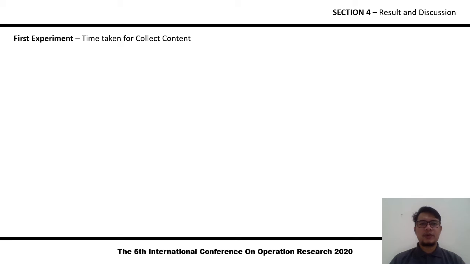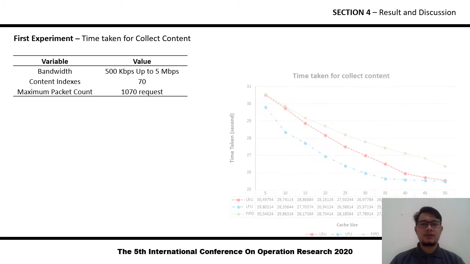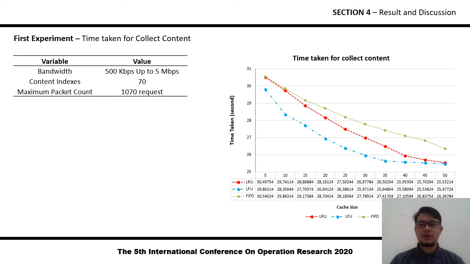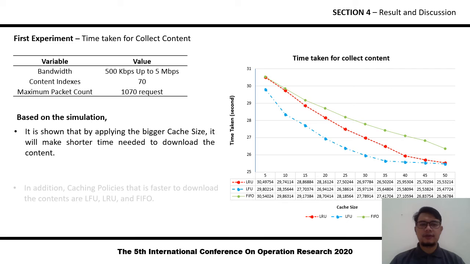Still in the first experiment, we are searching for the time taken to collect the content. We still use the same variables and values. So you can see in this picture the time taken to collect the content. Based on this simulation, applying a bigger cache size makes the time needed to download the content shorter.